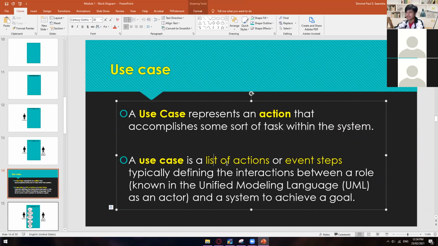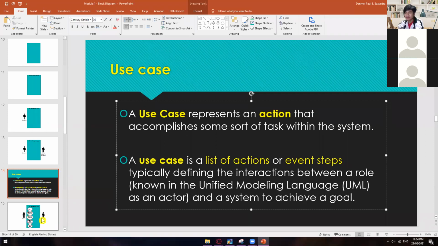A use case is a list of actions or event steps, typically defining the interactions between a role known in the unified modeling language as an actor. So this is the counterpart of the thing so-called input, which is the actor in UML.